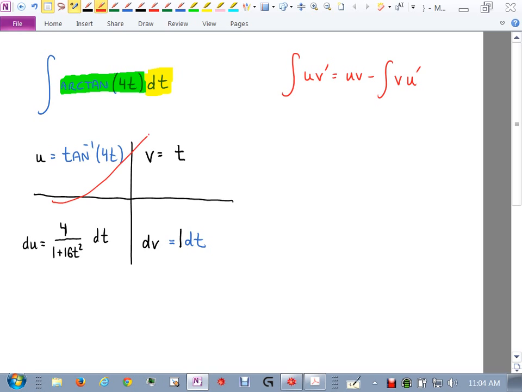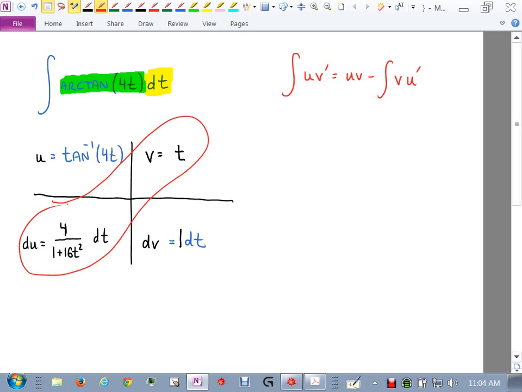So then we look, this is what the new integral is going to be, right? Our new integral is v du. And so just real quickly look at this. Is this something we're going to be able to handle? Well, what are we going to have? We're going to have 4 over this times this t. The t will come and join the 4, won't it, up top? So we'll have 4t on top. We'll have 1 plus 16t squared on the bottom. Right?